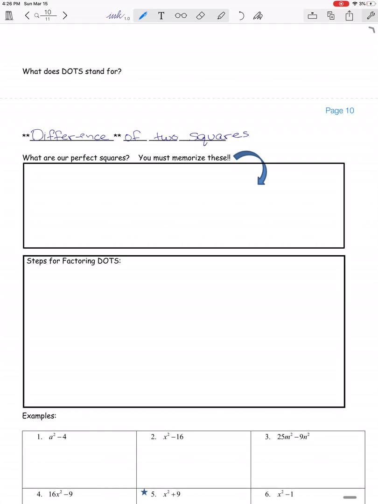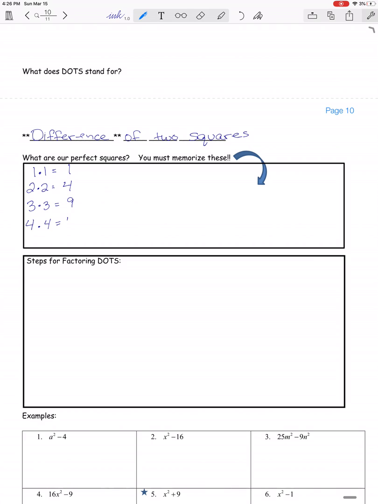Perfect squares are what we get when we multiply a number by itself. So for example, 1 times 1 would give me 1. 2 times 2 gives me 4. 3 times 3 would give me 9. And the list goes on and on.